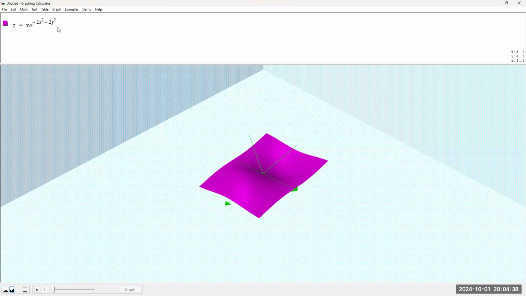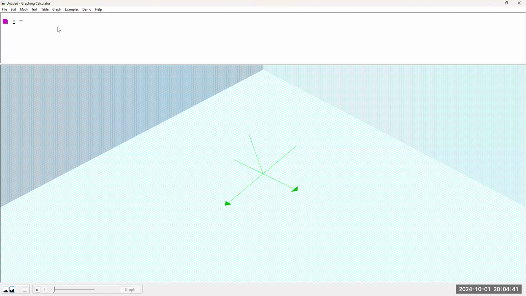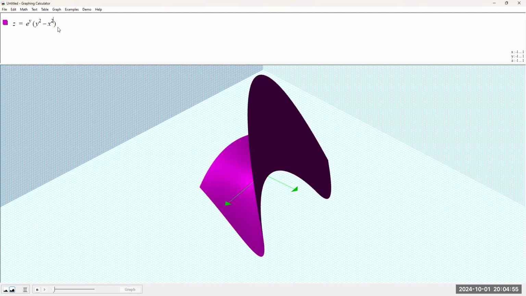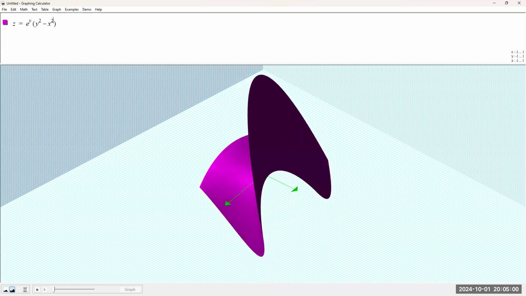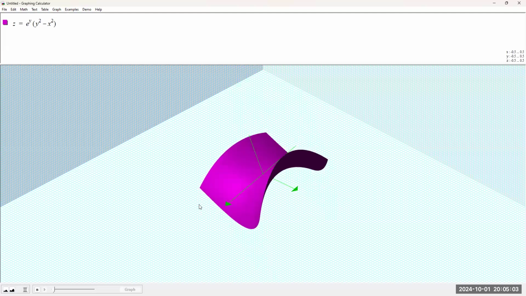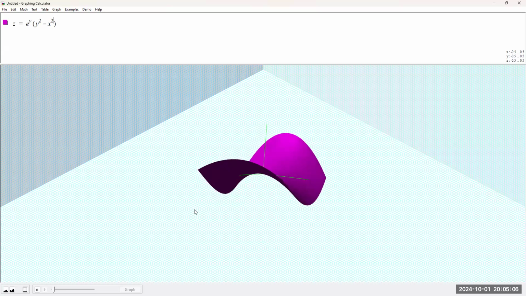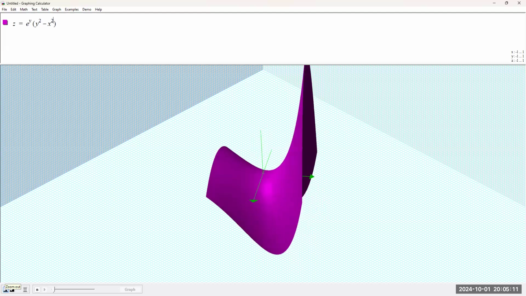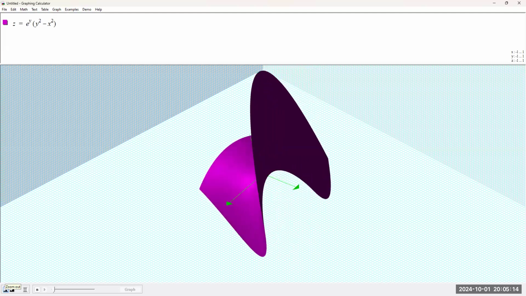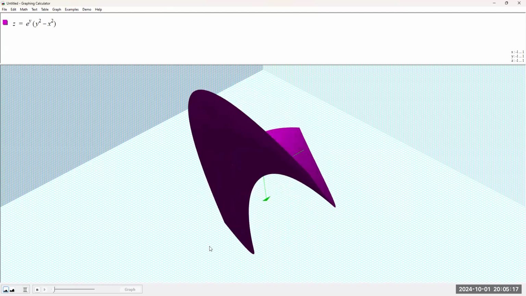I have e to the y times y squared minus x squared. Yeah, we have a lot of saddle points. At (0, 0) and (0, -2). Maybe enlarge a little bit. See, you see at (0, 0) it's a saddle, right? Okay, how about at (0, -2)?